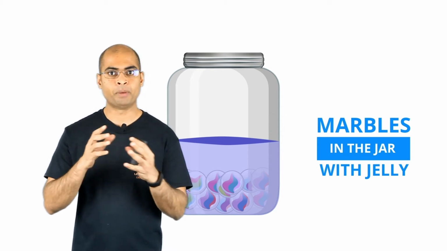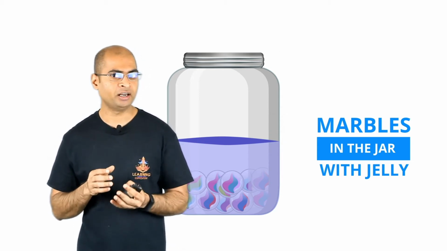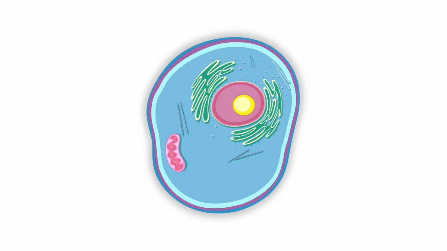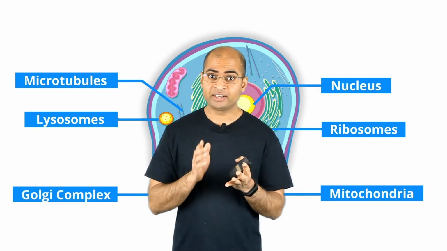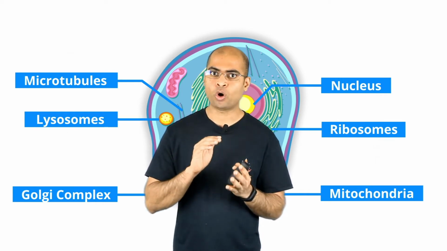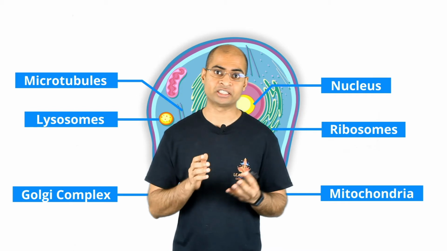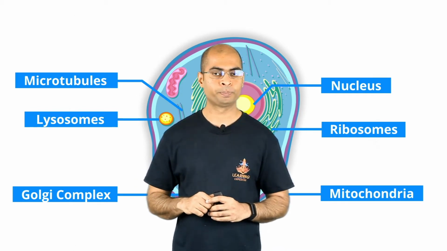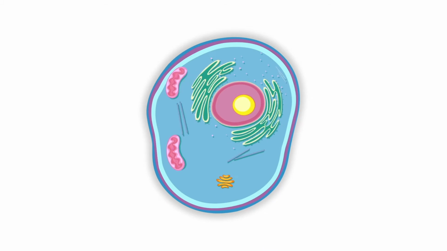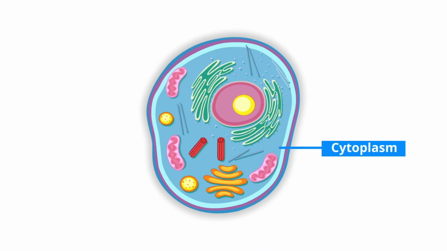Now, just like marbles, inside the cell there are a lot of different components that need to be protected from banging against each other. And for that reason, the cell is also filled with a jelly-like substance where all of these components are suspended. This jelly-like substance is called cytoplasm.